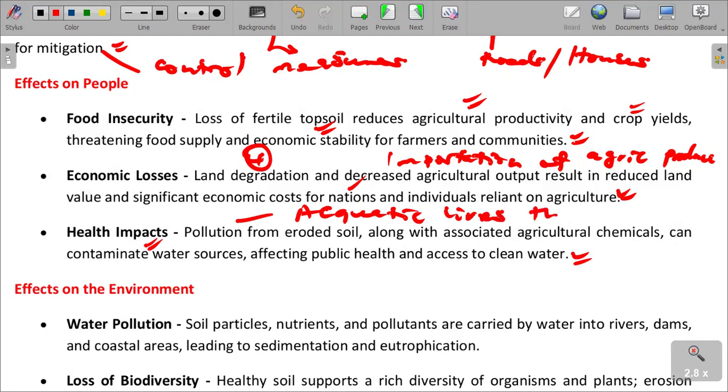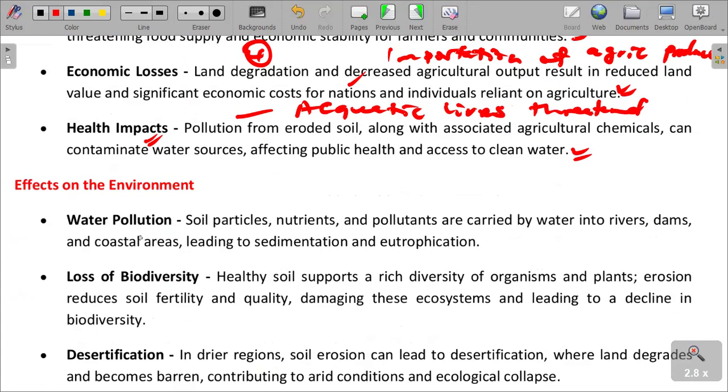Aquatic lives are also threatened. This also affects our people, because when people eat these fish or these water-loving organisms that are dying because of agricultural chemicals, they would also have associated diseases that we have to worry about.